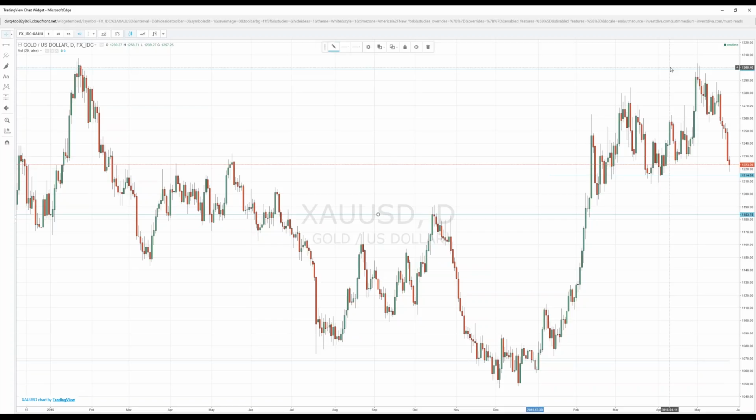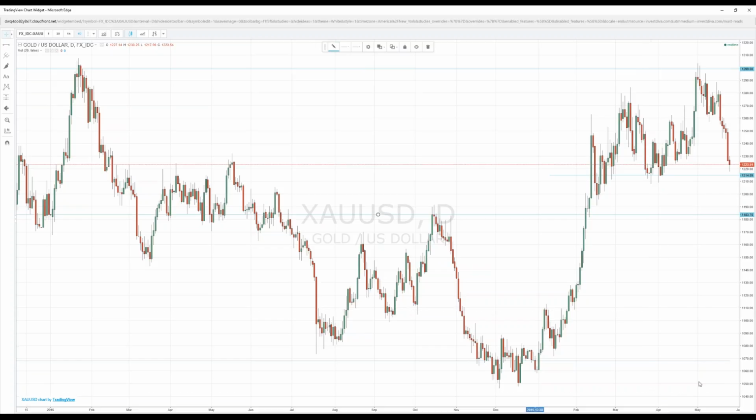Up until November, we're going to see quite an enormous amount of volatility, both in the prices of gold and the US dollar. So you do want to keep that in mind.